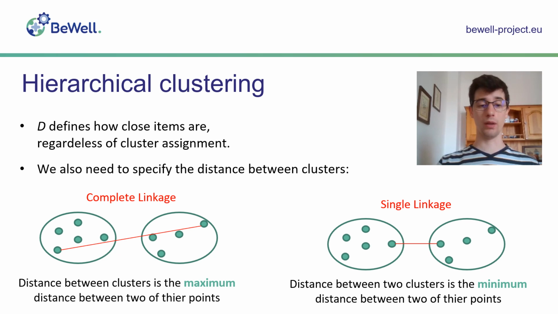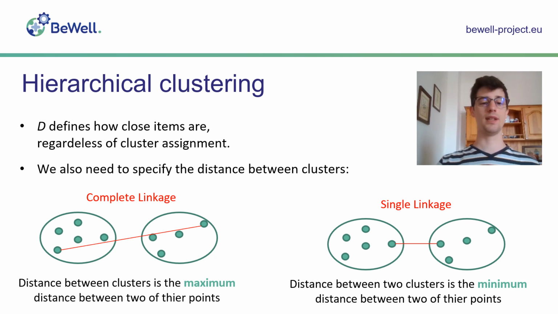To run the algorithm, we also need to specify a notion of distance between clusters. The most commonly used is the complete linkage distance, which defines the distance between two clusters to be equal to the maximum distance between two of their points.